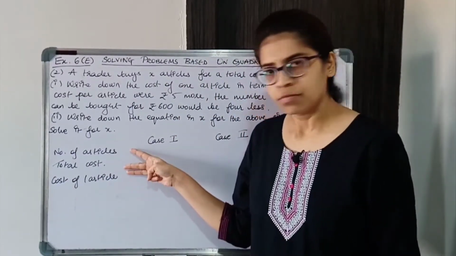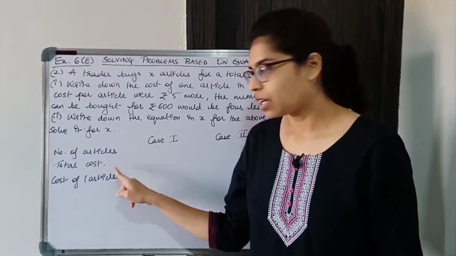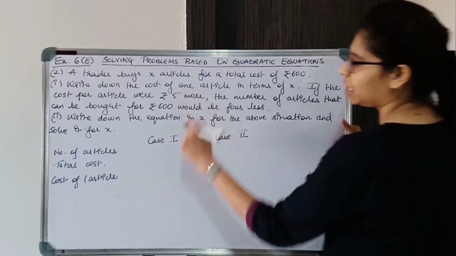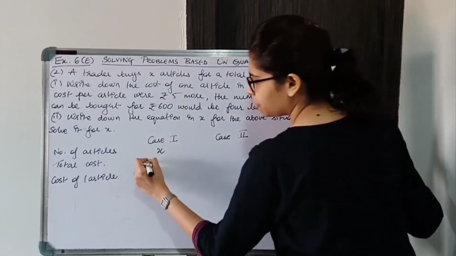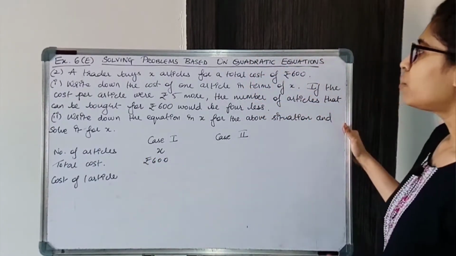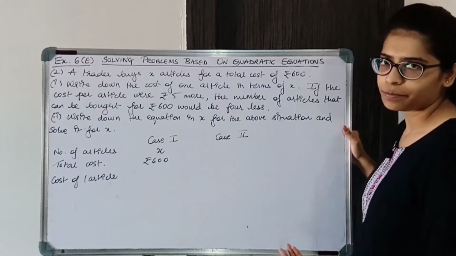So over here these three things: number of articles, total cost and cost of one article. Number of articles that he is buying is X. ठीक है, total cost is 600 rupees. What will be the cost of one article?